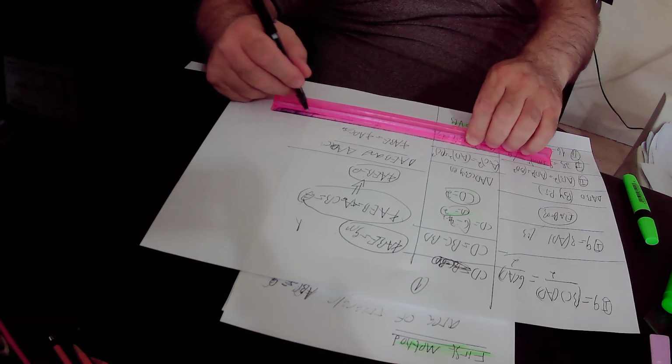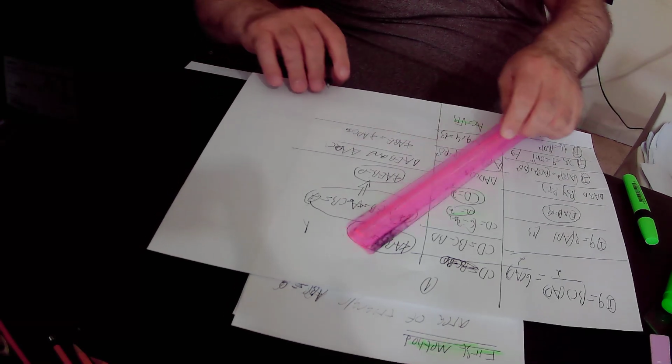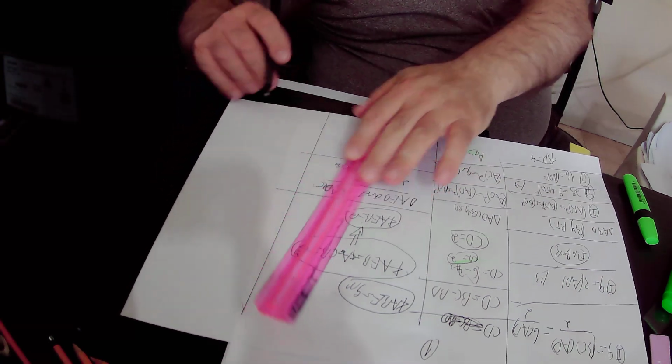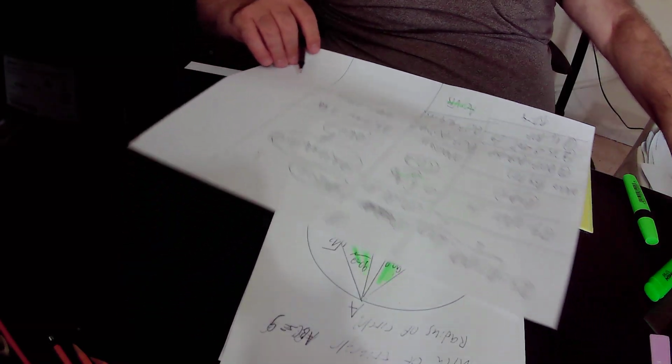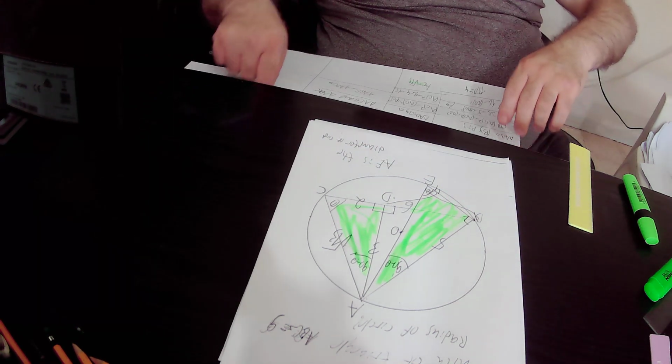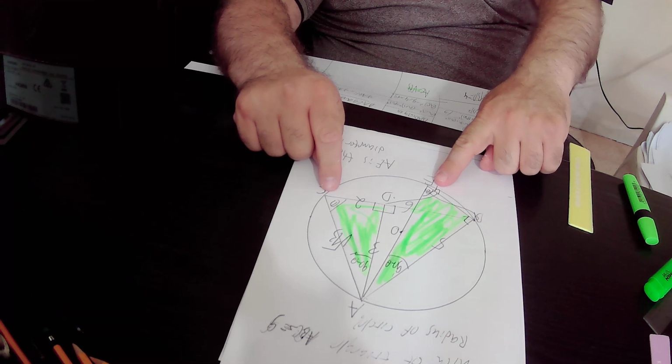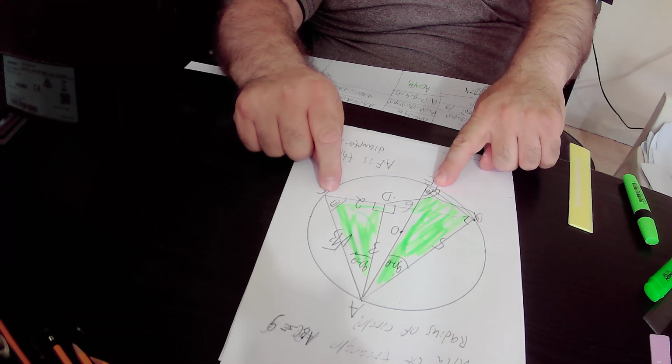In addition, we have those two angles that are both equal to theta, therefore they are equal to each other.